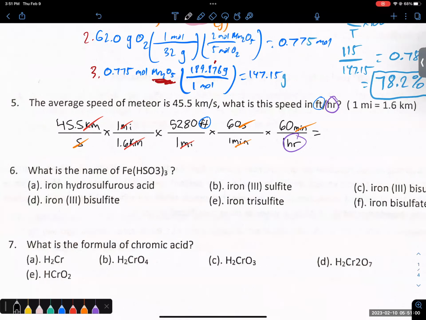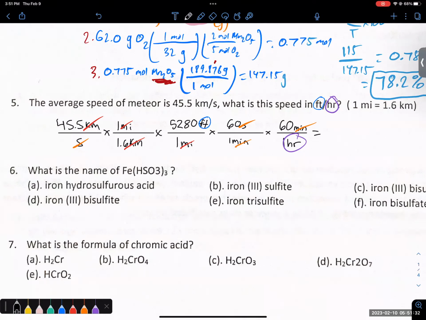All we have to do now is put this into a calculator. So 45.5 divided by 1.6 times 5280 times 60 times 60. I must have done something wrong. That's a big number. Oh, well, that makes sense because we're going from kilometers to feet.